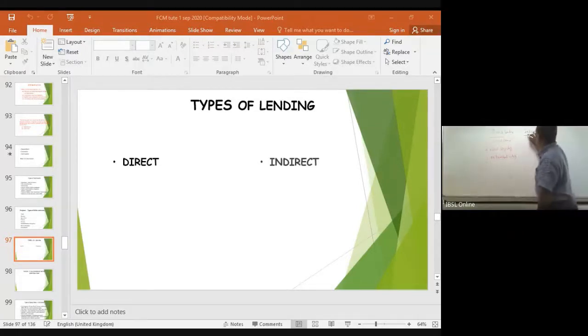Here, under indirect lending, cash is not outflow, but it is a liability. Liability means what? This indirect lending is given to the third party by the bank.